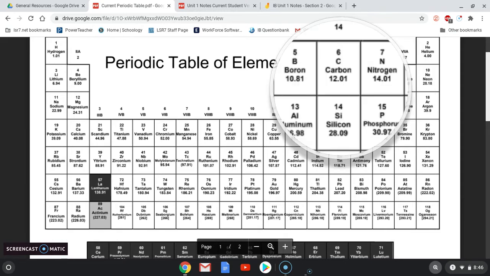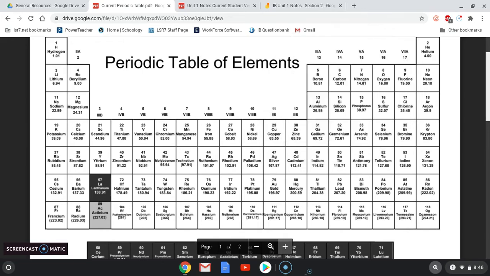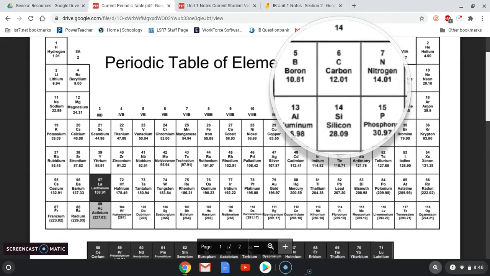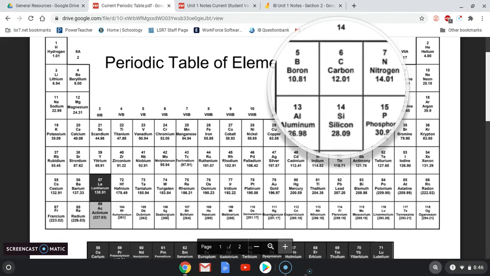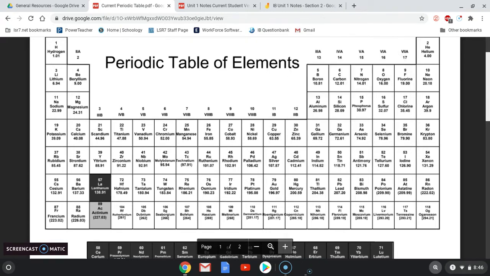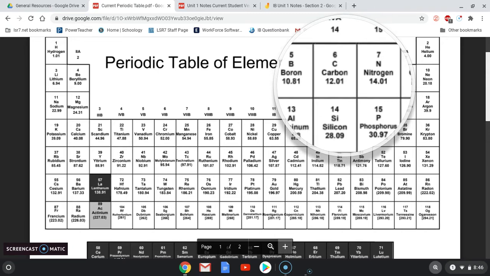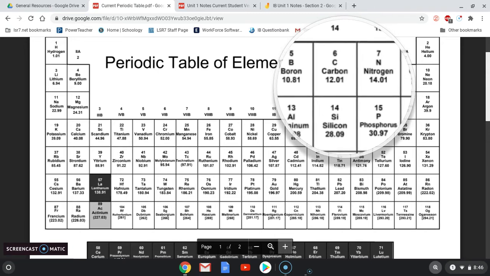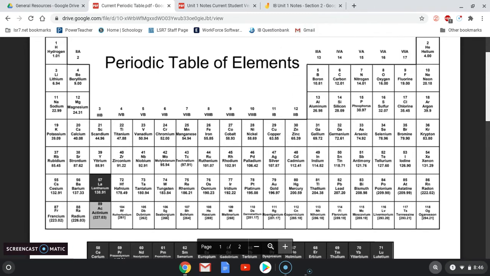The reason it's a decimal is that some carbons weigh 12, some carbons weigh 13, some carbons weigh 14. So you have different versions of carbon, and those different versions are called isotopes. This number is the average atomic mass, and we use that number quite a bit.